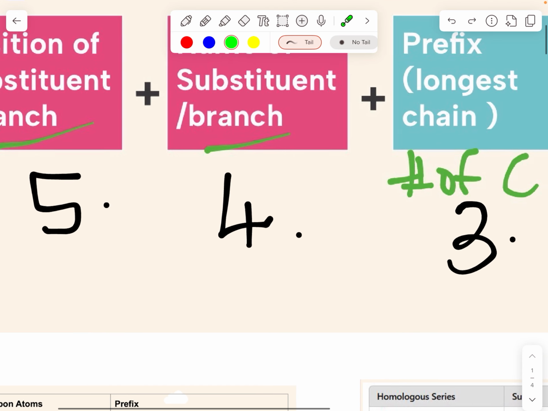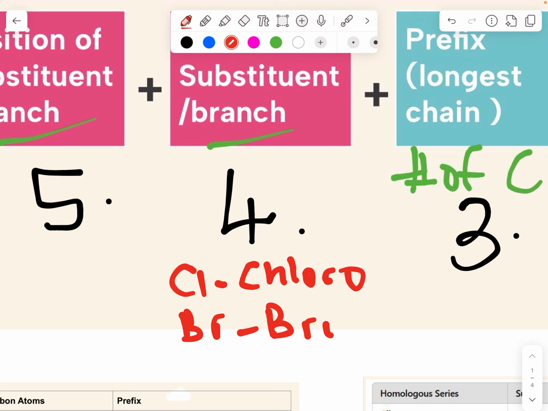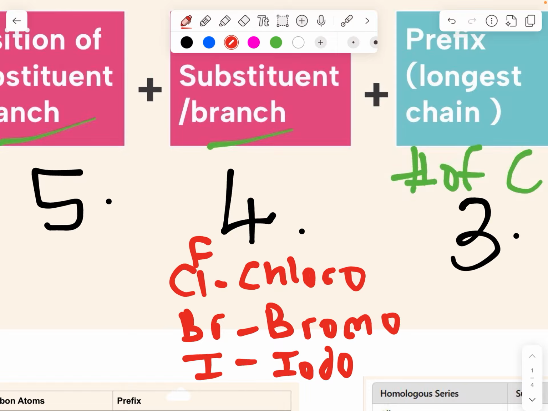We looked at some substituents earlier. If it's chlorine, it gets chloro, bromine gets bromo, iodine gets iodo, and fluorine gets fluoro.